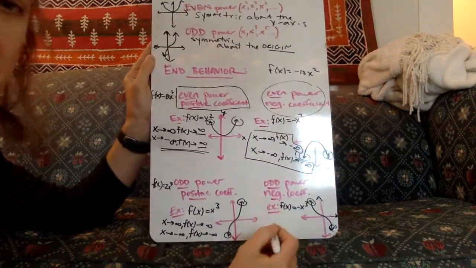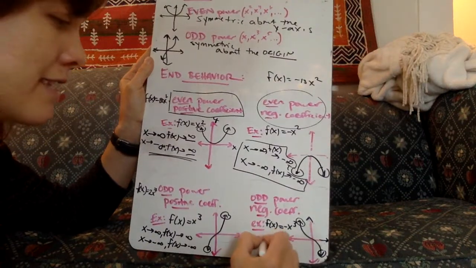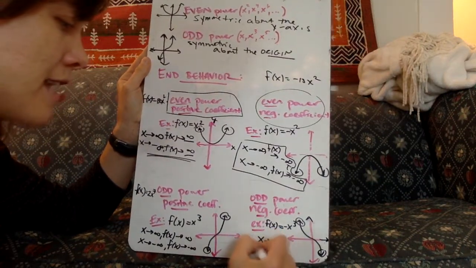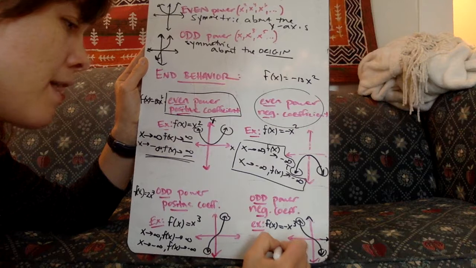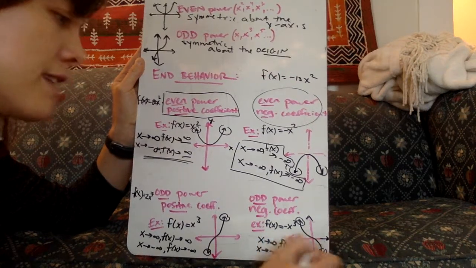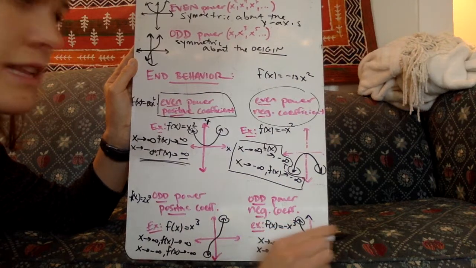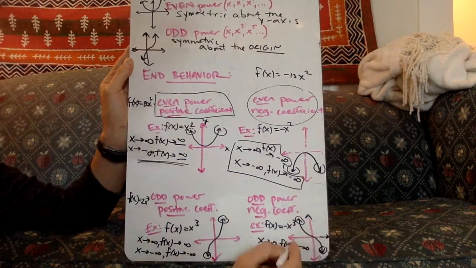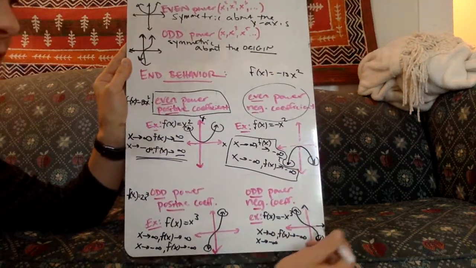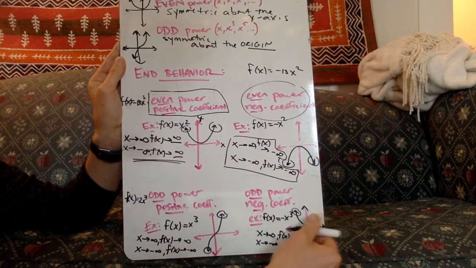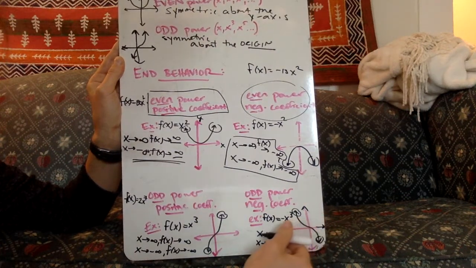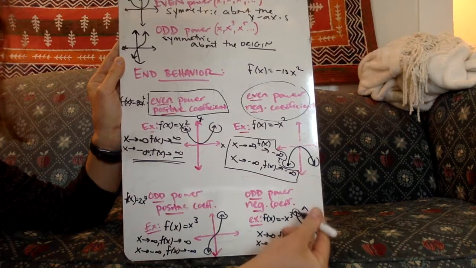So this is, remember, the way that I write it. I can write it as x approaches infinity, f of x approaches negative infinity. So I'm looking at x moving in the positive infinity direction, and my y value is approaching negative infinity. And as I'm looking at x moving in the negative infinity direction, my y is doing what?